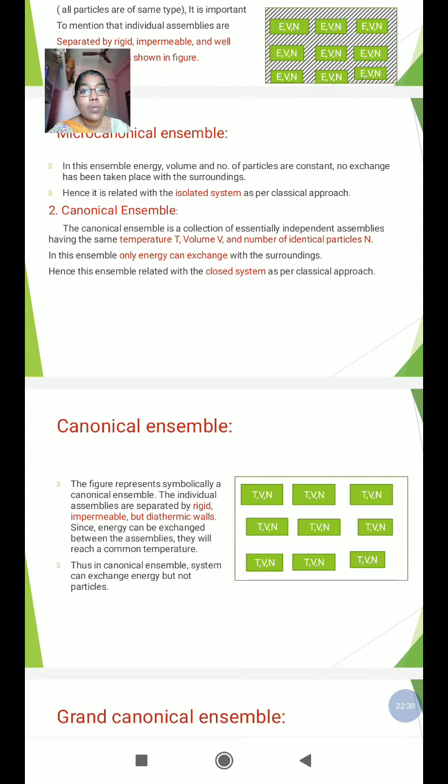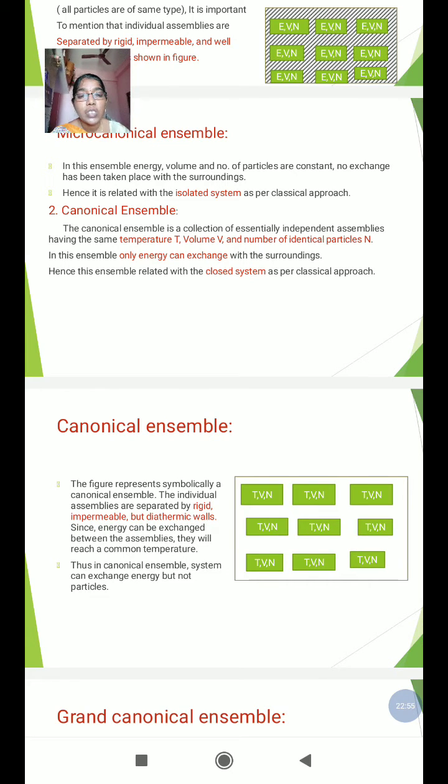All are separated with rigid, impermeable but diathermic walls. All these individual assemblies, individual systems are separated with rigid walls. Rigid means they are strong. And impermeable, not exchanging particles. Impermeable but diathermic walls. Diathermic walls means there is no insulation.